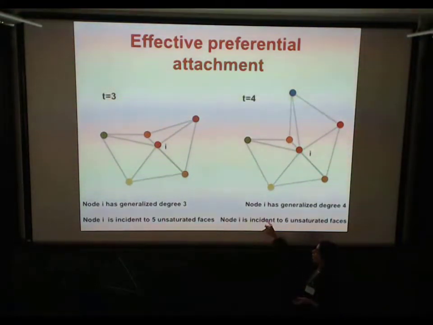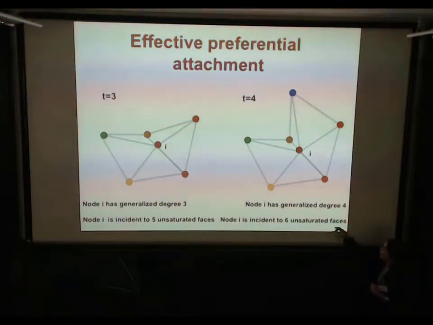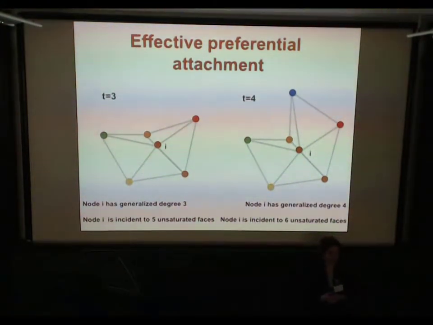It has generalized degree 3, and there are 5 faces to which we can attach new tetrahedra. If we attach a tetrahedron to node i, then node i has generalized degree 4, but now the number of faces increases to 6. And this generates a kind of emergent preferential attachment just due to the geometry.